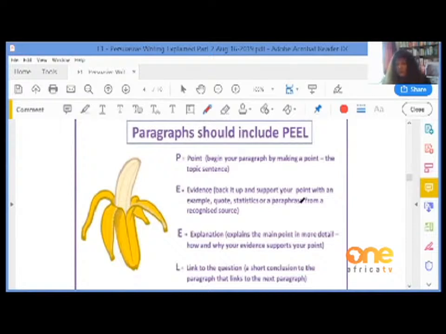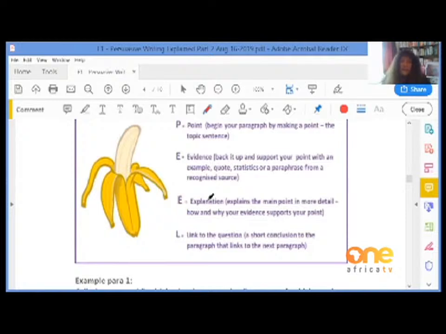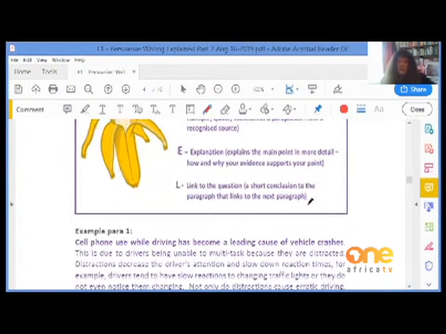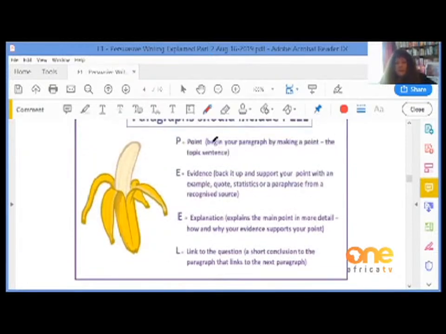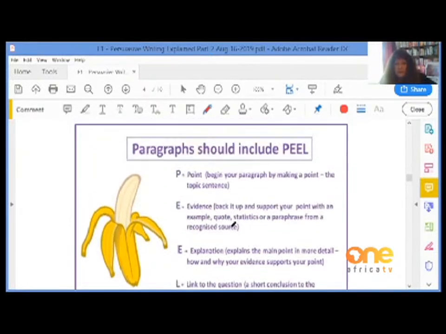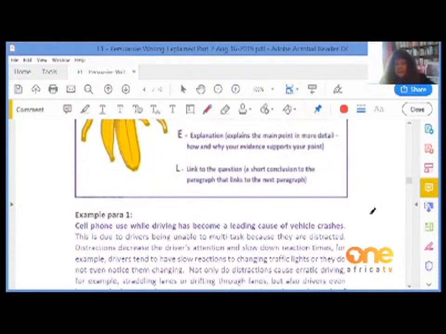Back it up with support, with an example, quote, stats, or a paraphrase from somewhere else. E is the explanation. Explains your point in more detail, how and why your evidence supports the point. And L, try to link your last little sentence to your main point in that paragraph. So remember, paragraphs, bananas. Paragraphs should include peel.